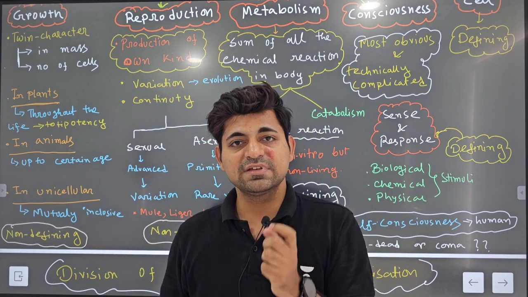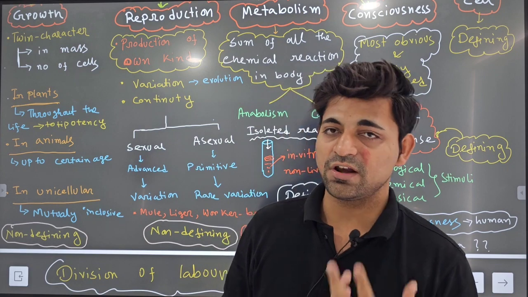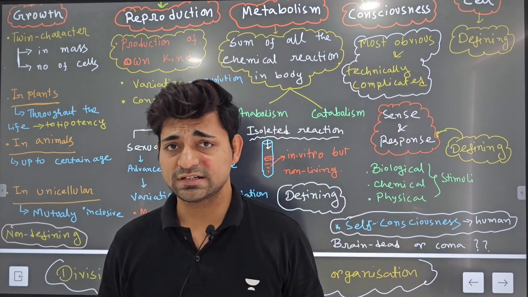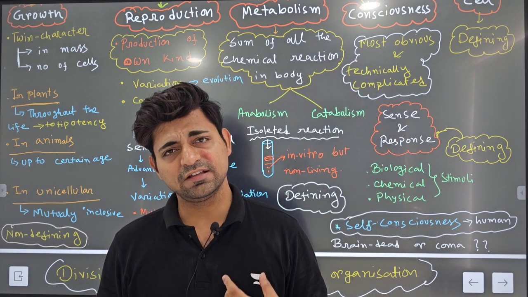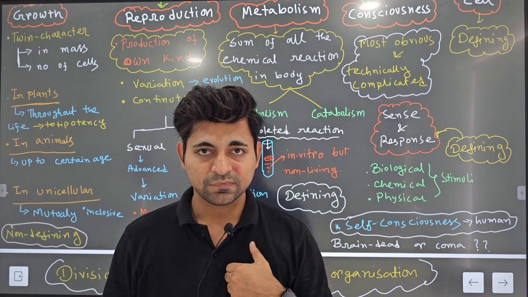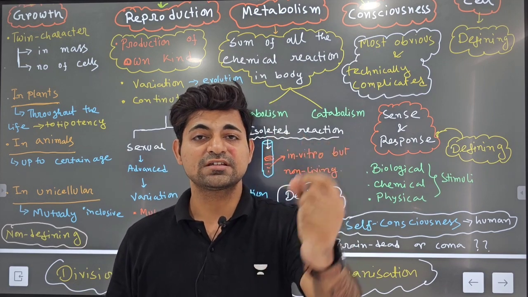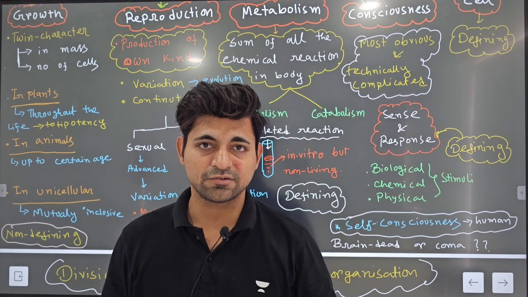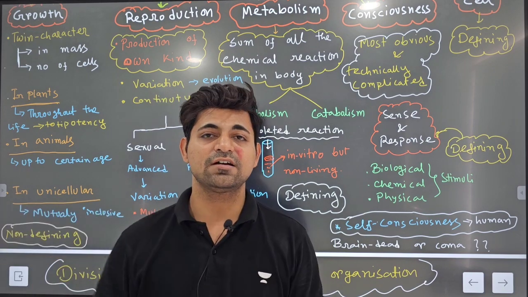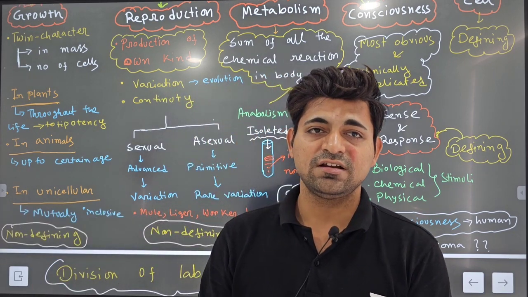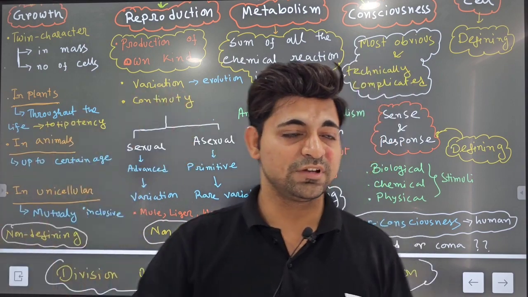So external growth can be seen in non-living material. Growth in a living thing is internal, though growth is still present in non-living things, externally. So growth cannot be considered a defining feature, because growth is present in non-living things also.